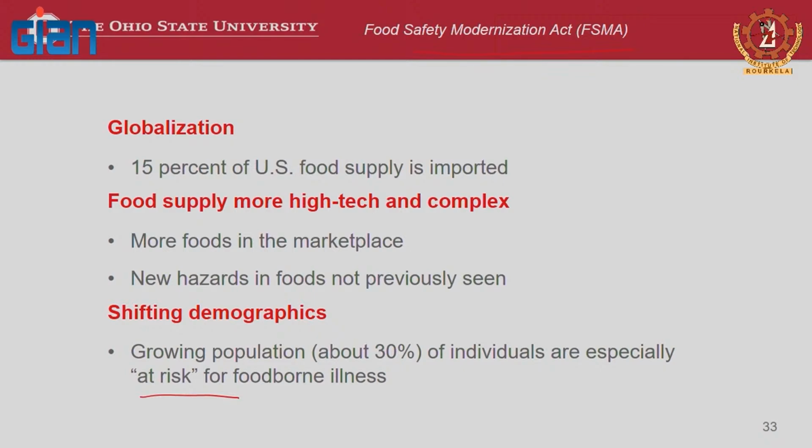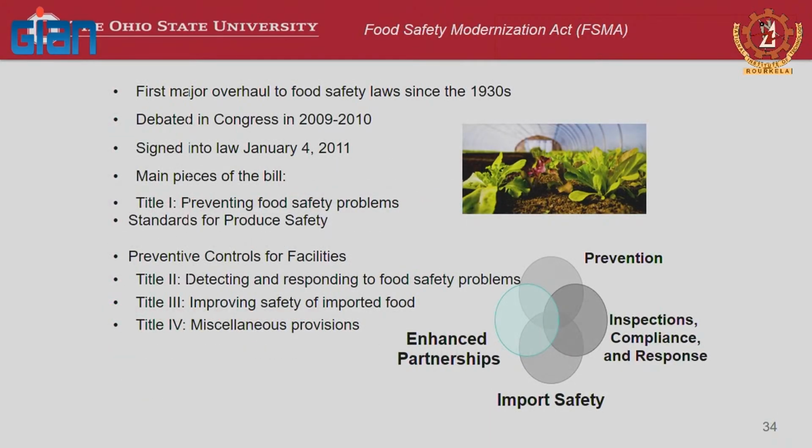Even people of age 60 are considered young, because a lot of people are living to 70, 80 and 90. So for that reason they wanted to have this Act, so that they can be careful. They implemented it in 2011.